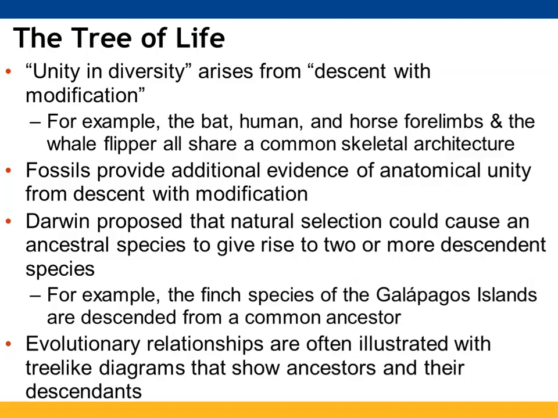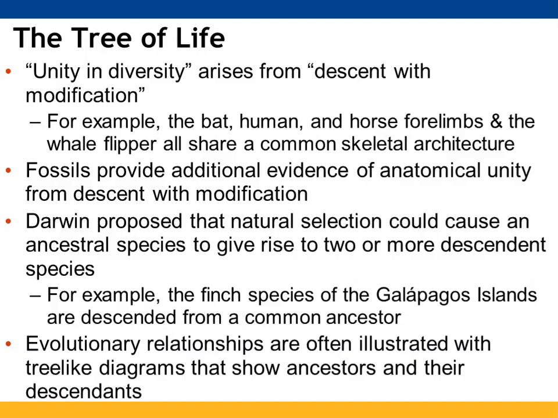Bat, human, and horse forelimbs and the whale flipper have a very similar skeletal architecture that could not be determined without looking at their fossils and the similarities between them. This was another piece of evidence that backed up where Darwin was coming from. He proposed that because of natural selection, you could have a common ancestor, an ancestral species, that was capable of giving rise to two or more descendant species.